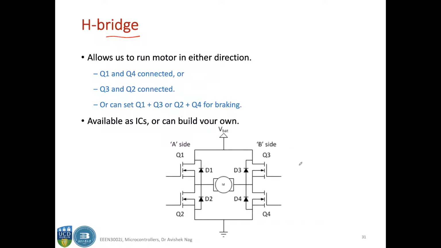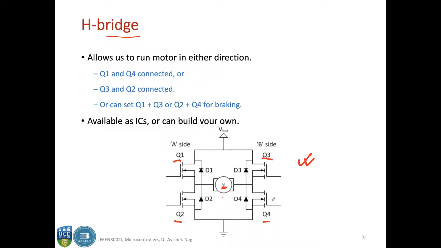So if you have a circuit like this with 4 transistors as shown here, so here is the motor, which is connected to the HBridge like this. So this is a bridge type of structure with 4 transistors which are named Q1, Q2, Q3 and Q4.